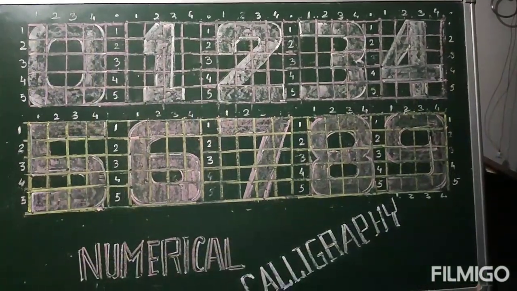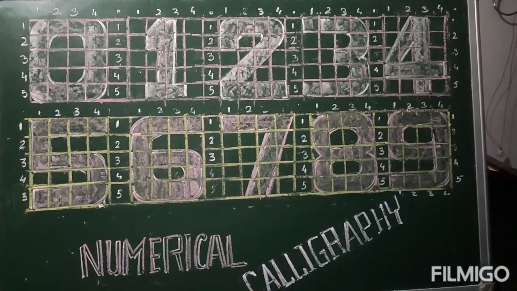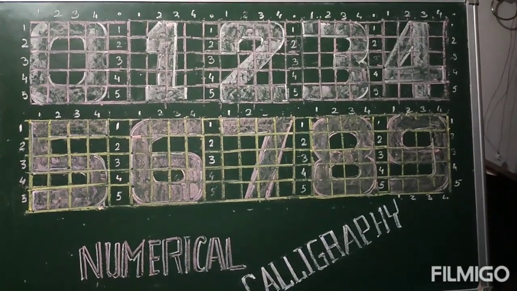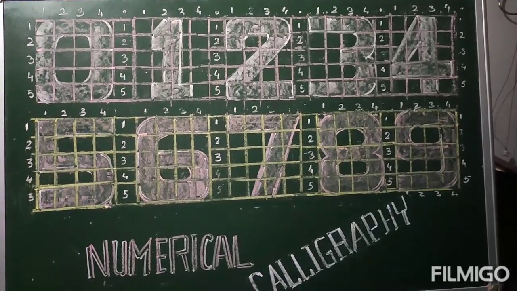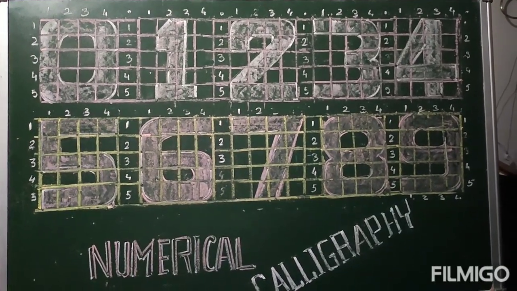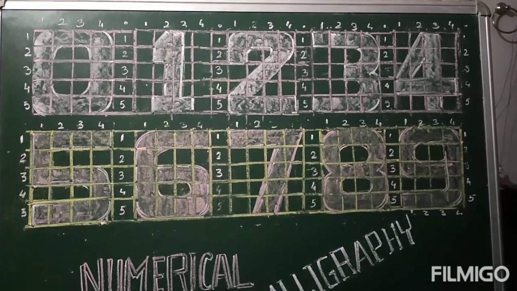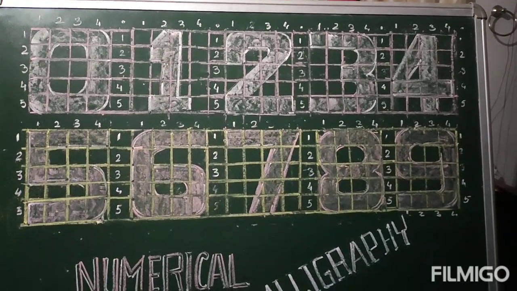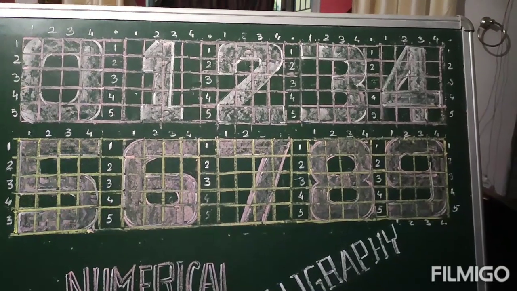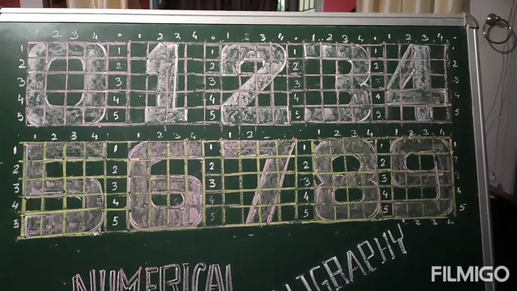My dear learner, after learning 0 to 9, we are able to create in calligraphy way any kind of number, either single digit, 2 digits, 3 digits, or infinite digits.